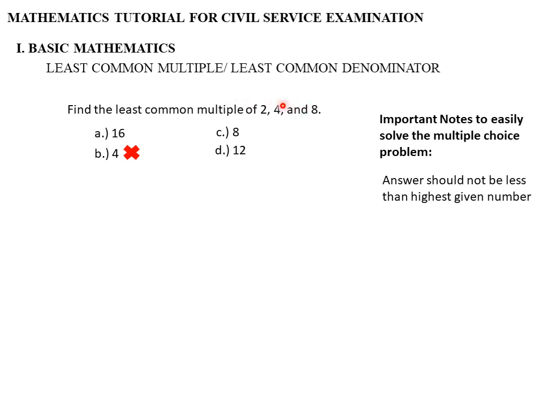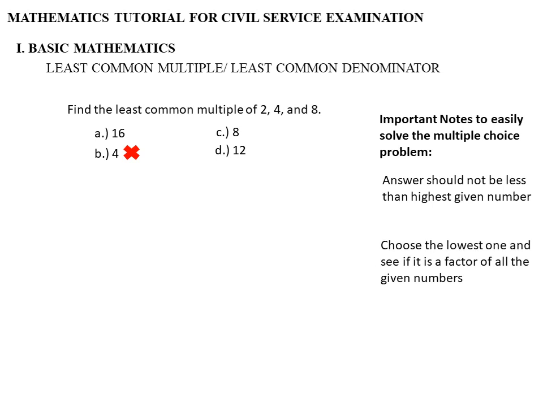The given numbers are 2, 4, and 8. The highest is 8, and 4 is less than 8, so we will X out letter B, the 4. That is definitely not the answer.